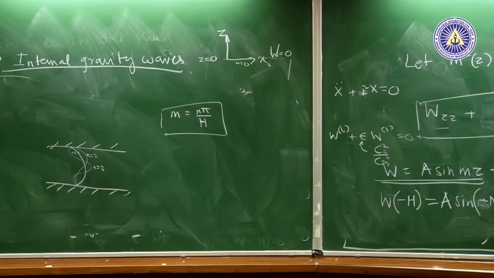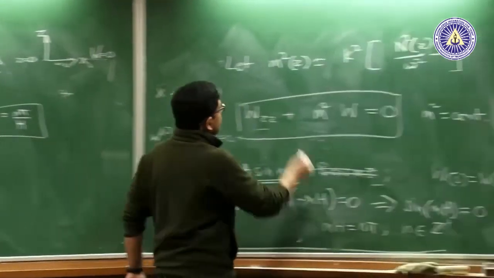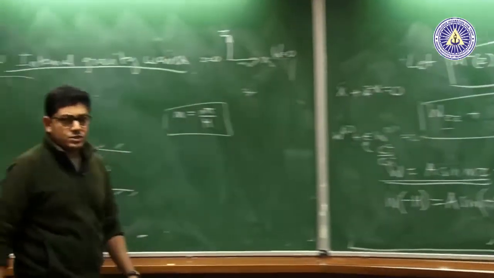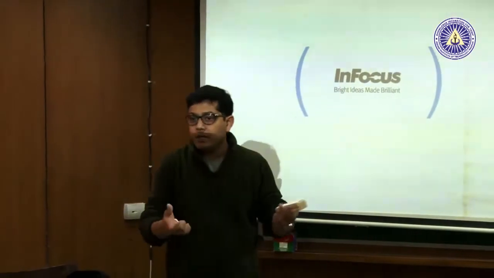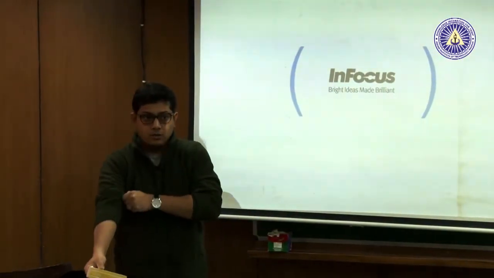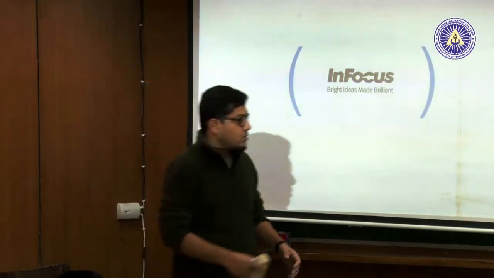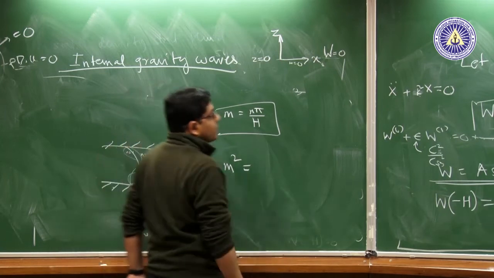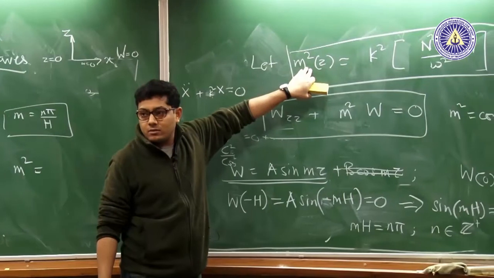Now we have to write the dispersion relation, and remember that m squared is this. You know what the dispersion relation is, right, most of you. The relation between frequency and wave number is called the dispersion relation. So for sound, omega by k is constant, okay. So we will simply write the dispersion relation as just this, whatever we have assumed. This is your dispersion relation because m is your vertical wave number, okay.